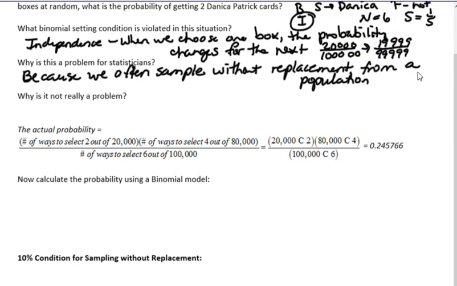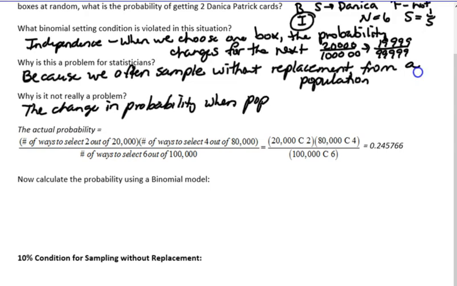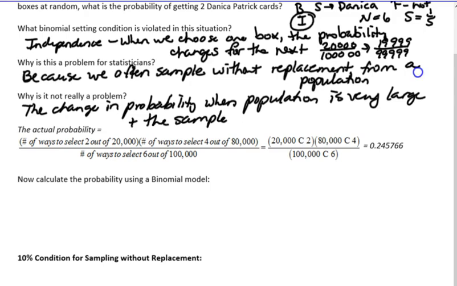The change in probability when the population is very large and the sample size is small is negligible. In other words, it doesn't make much difference.